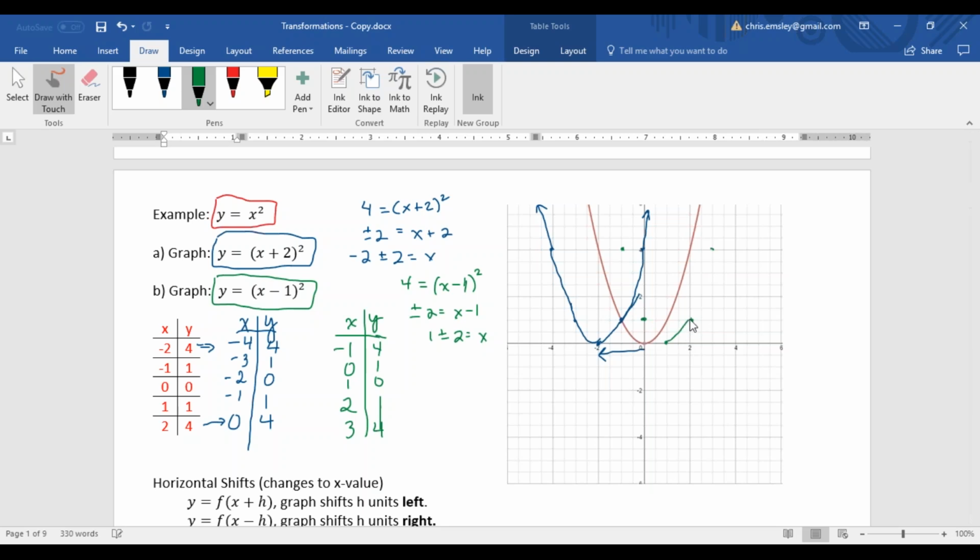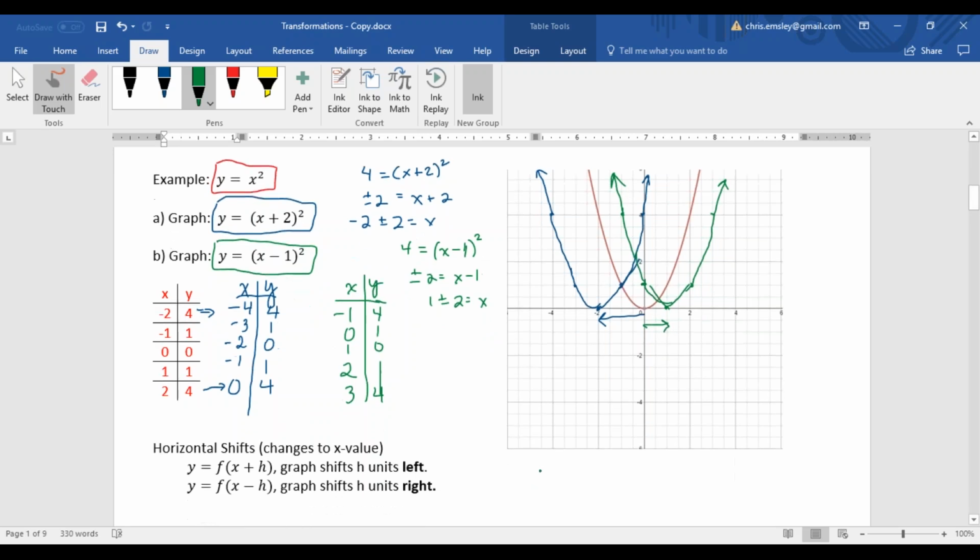And again, this is probably not a surprise anymore. We get that same parabola shape. Oops, sorry. My graphing is not getting any better. There we go, except you can see this time our vertex has shifted 1 unit to the right.